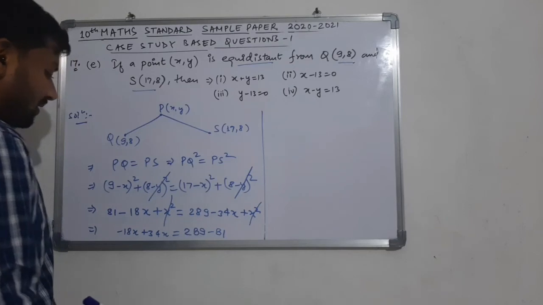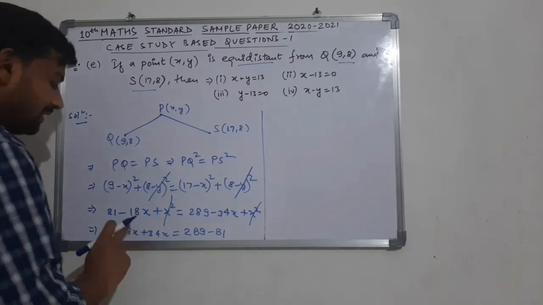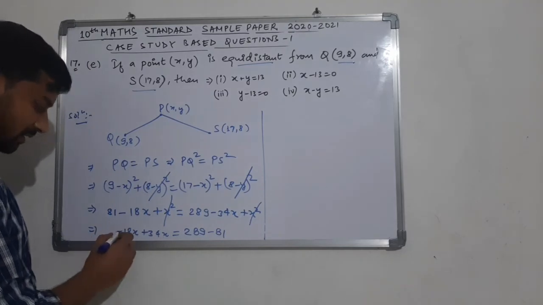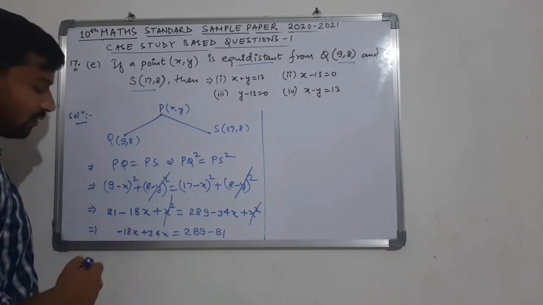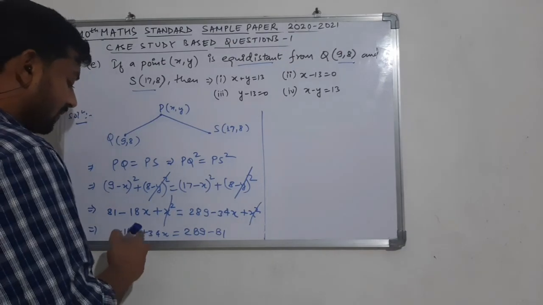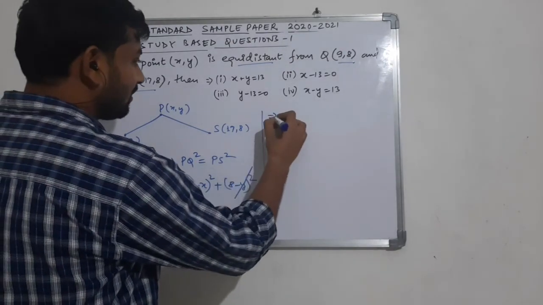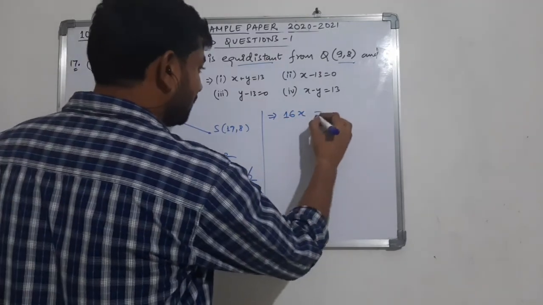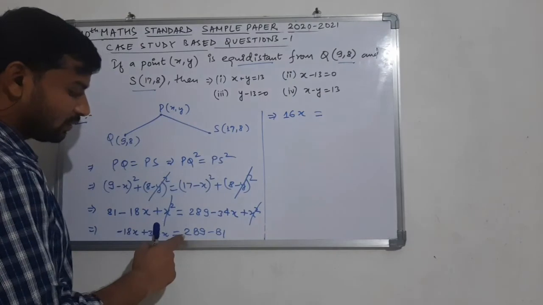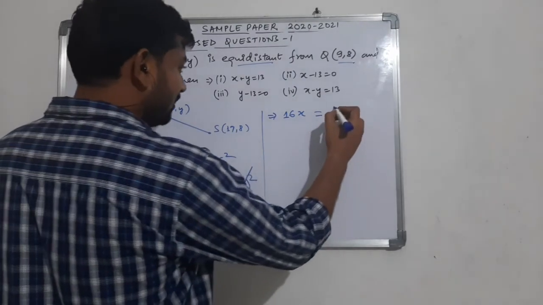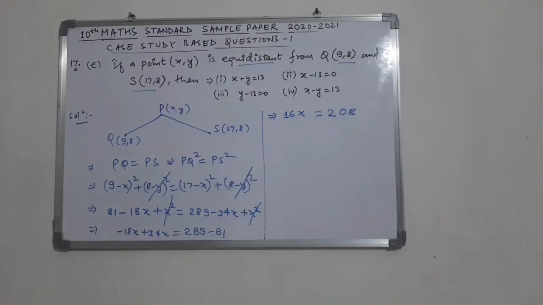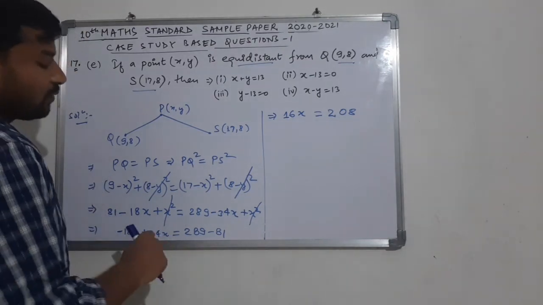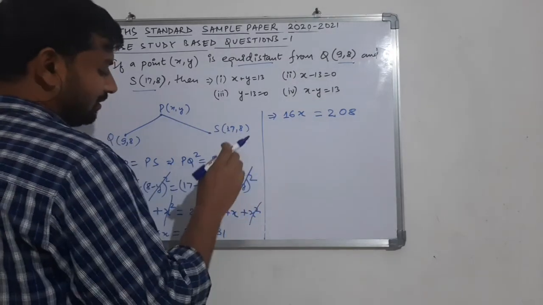So on simplification, we are getting 34 with positive sign and 18 with negative sign. So here what we are getting is 34 minus 18, 16x, is equal to 289 minus 81.